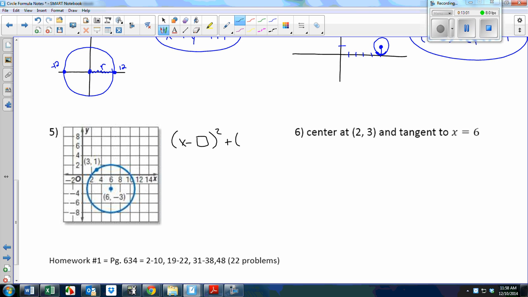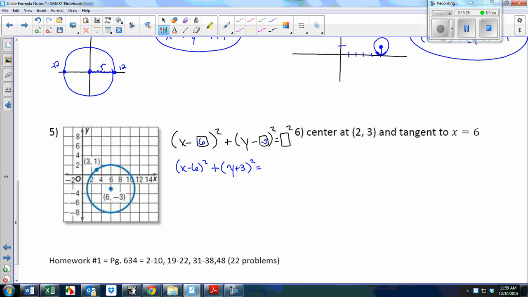I'm going to model it the way we've been doing it, since we're not too far into this yet. 6 goes there, negative 3 goes there. So already we know this much of the formula. x minus 6 squared plus, what's that going to look like when it says y minus negative 3? y plus 3 squared. So the question really comes down to what's the radius.